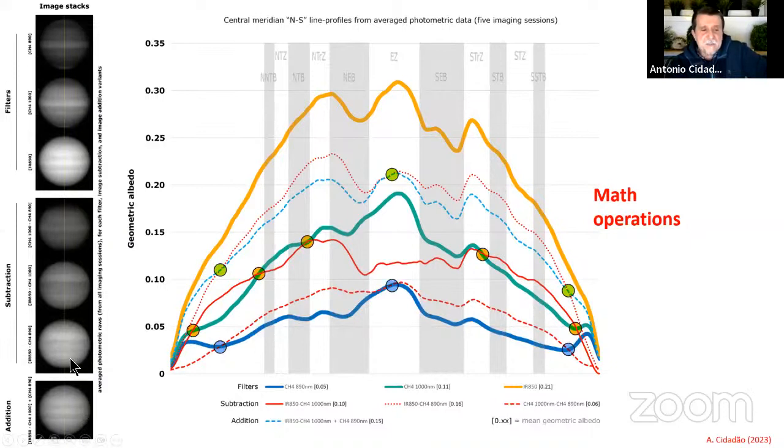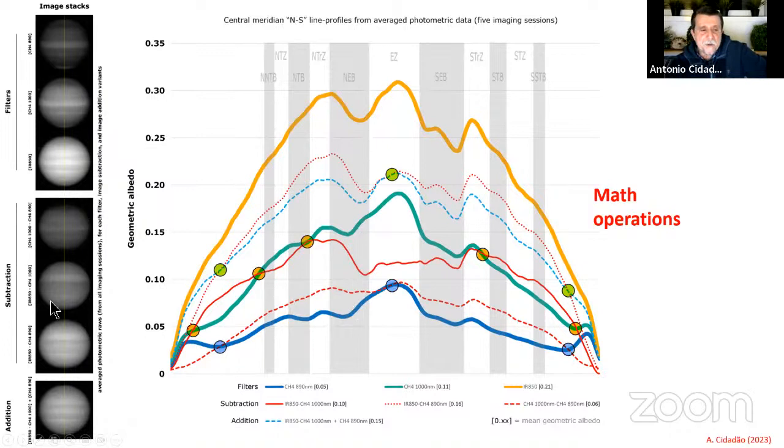And these images can be scanned and quantified to measure their albedo, either mean geometric albedo, or to analyze the albedo at various latitudes from north to south pole. They are different. These thick lines are from individual filters.